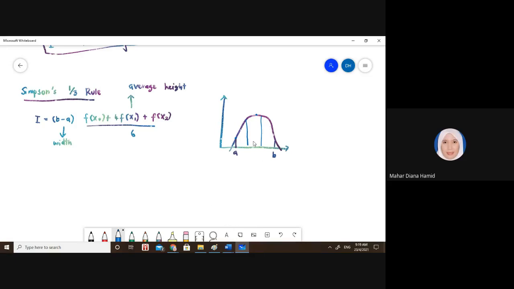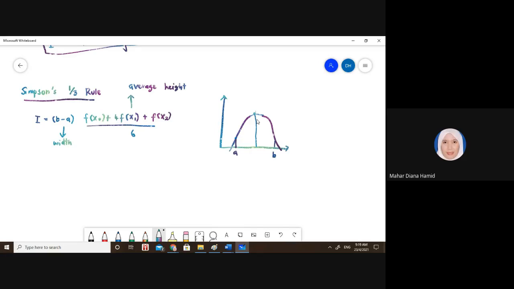Even though we say that it's a 1/3 rule, it actually corresponds to this, where we are going to have 3 points. So this is point number 1, point number 2, and point number 3.